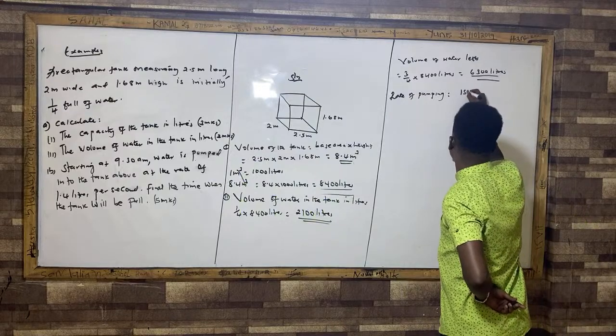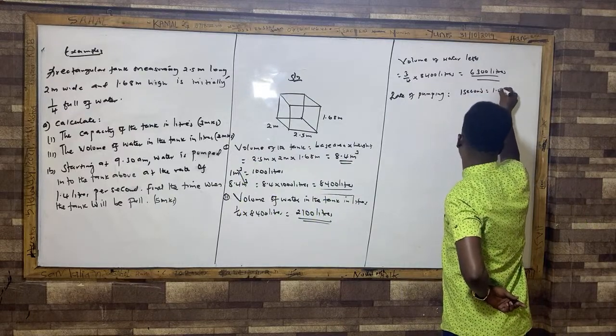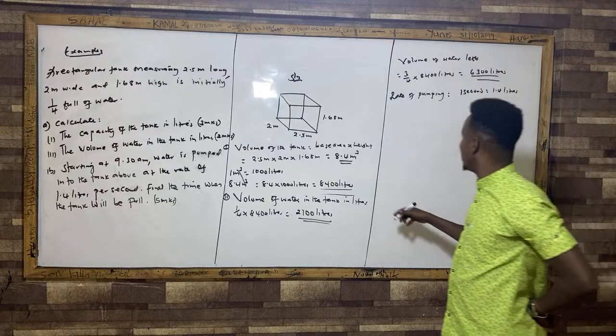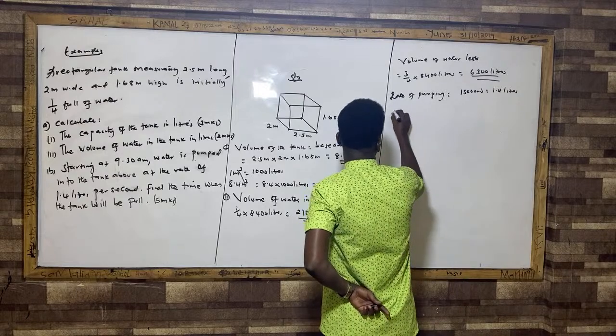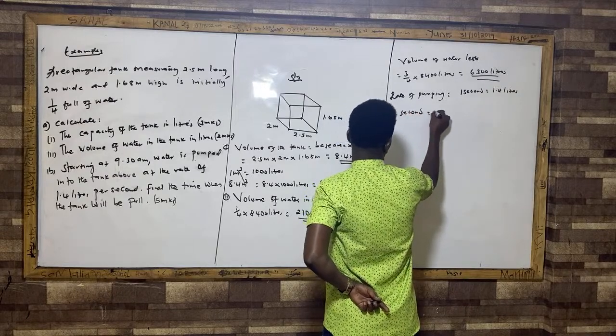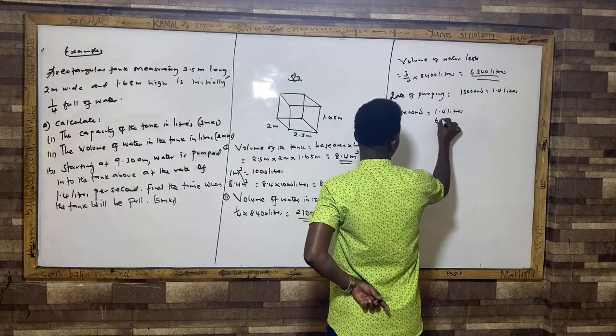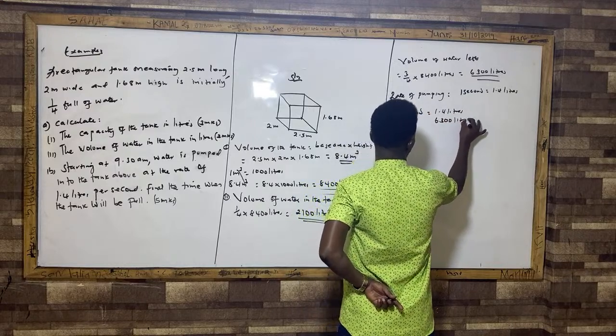So 1 second is equal to 1.4 liters. In every second we are pumping in 1.4 liters. For 6,300 liters, how long are we going to take?